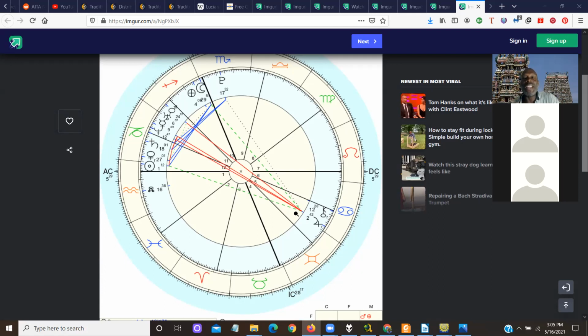I like equal for profections. That's fine. But as far as the solar return, you should be using either Alcabitius or Regiomontanus or Placidus, a regular quadrant system.